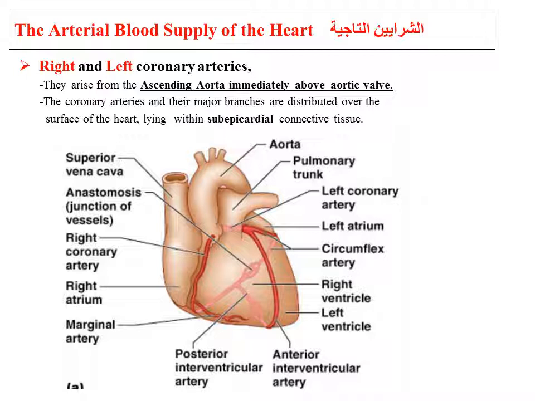So the arterial blood supply lies in the subepicardial plane, harbored in connective tissue to keep it in place, and through that it gives blood supply to the heart wall and related structures.